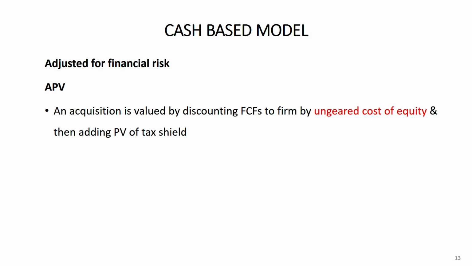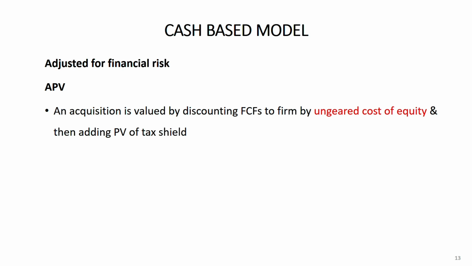Next, why we are taking this method? If you see with our adjusted present value, which we have studied before, very similar. What did adjusted present value tell you? Find the base case net present value as if totally equity financed. That's why even this is equity finance. No debt, no finance, only equity finance. That's why we are discounting by ungeared cost of equity.